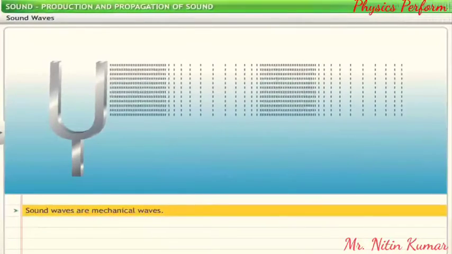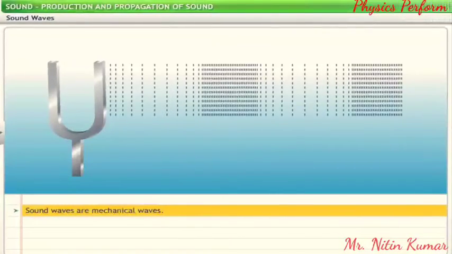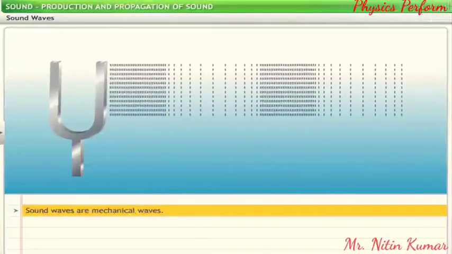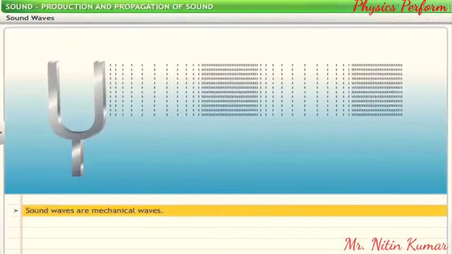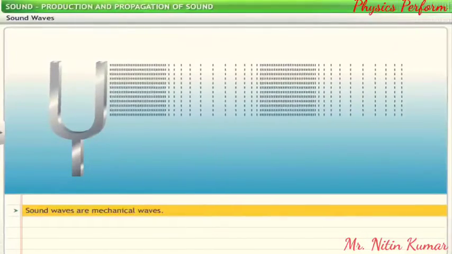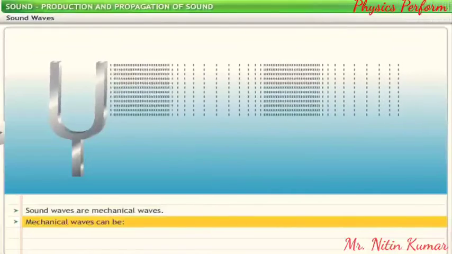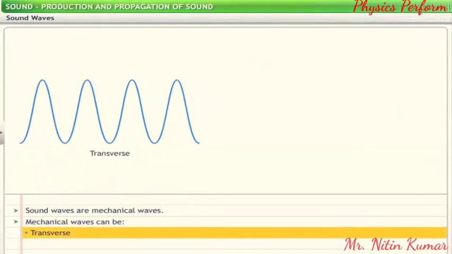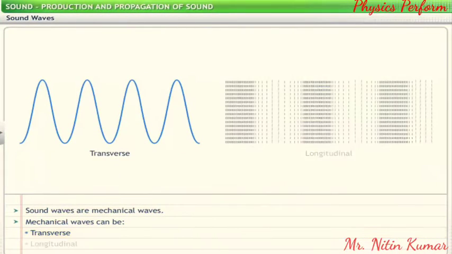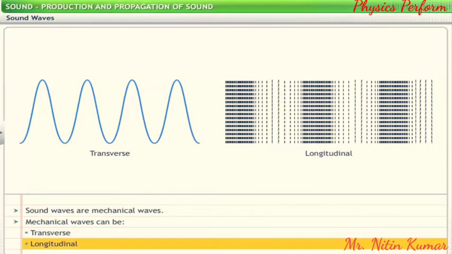As sound waves travel as disturbances propagated through air by a mechanism of particle-to-particle interaction, they are termed as mechanical waves. Mechanical waves require a material medium for their propagation. A mechanical wave can be a transverse wave or a longitudinal wave.